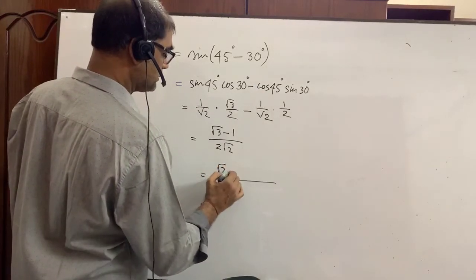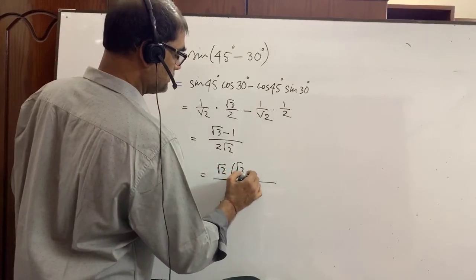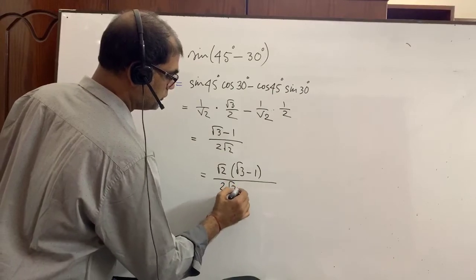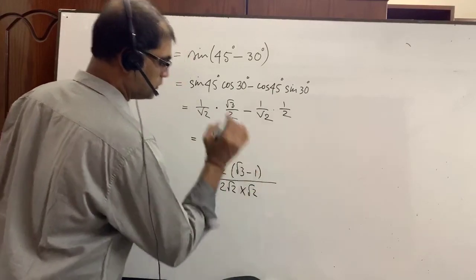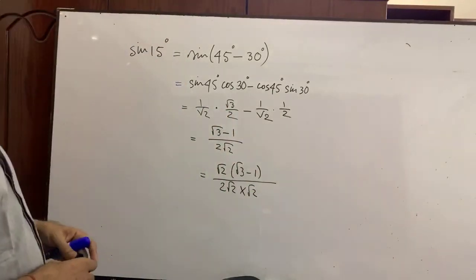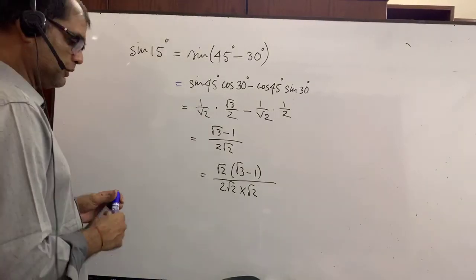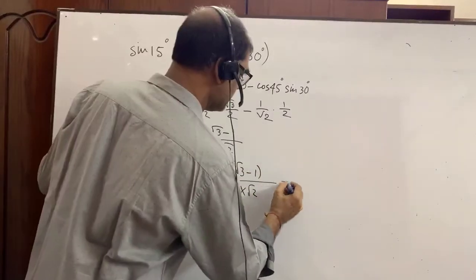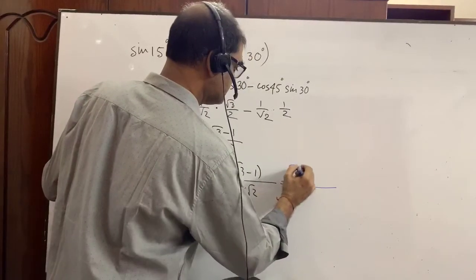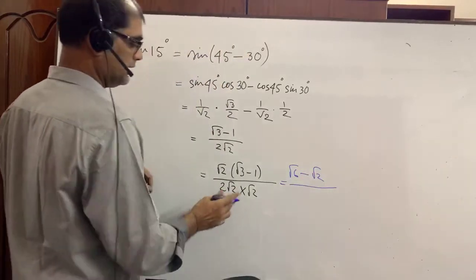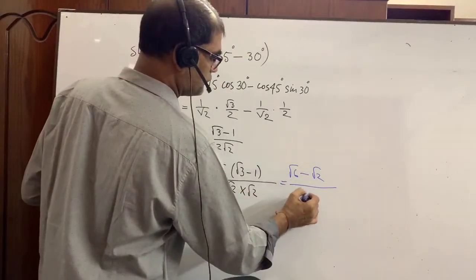That is root over 2 into root 3 minus 1, over 2 root 2 into root 2. Then we will get root 6 minus root 2, and here it is 4. So our math is done.